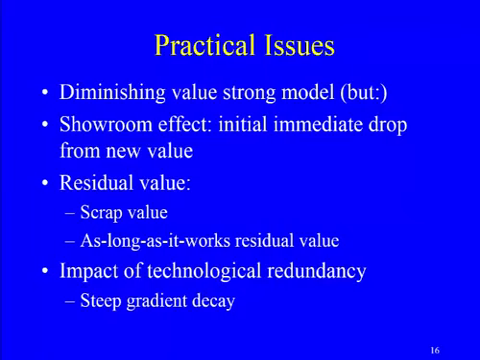Lastly, the impact of technological redundancy is very important. Some assets do have this steep gradient of value decay, where even a relatively new and highly productive low maintenance asset will have a negligible market value simply because no one bothers to buy them second hand, because the technology is changing quickly, and also there can be a high level of suspicion in the marketplace about buying second-hand goods for certain assets.